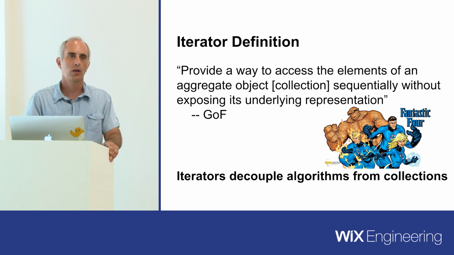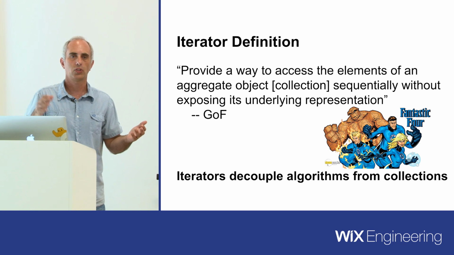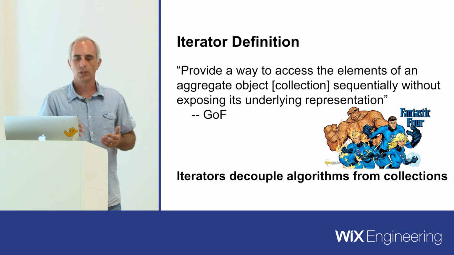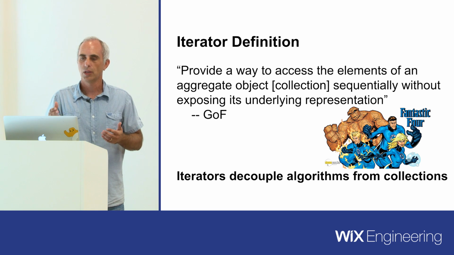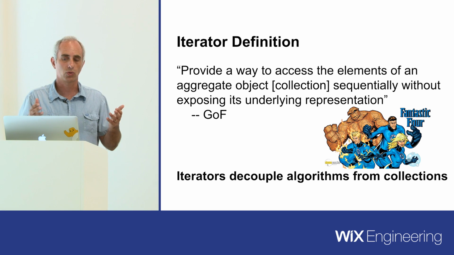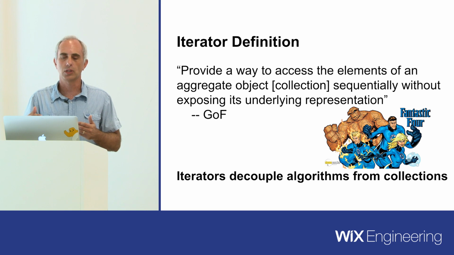And the whole idea is to abstract the relationship between a container and the algorithms that you apply on top of it. So an iterator really provides access to aggregate objects or collections sequentially without exposing its underlying implementation or representation.